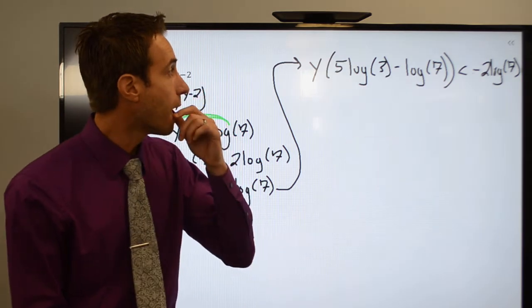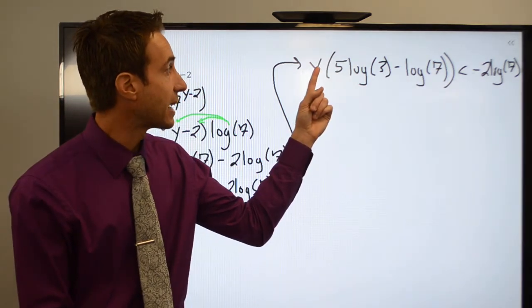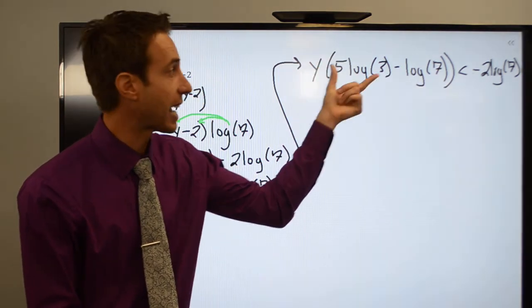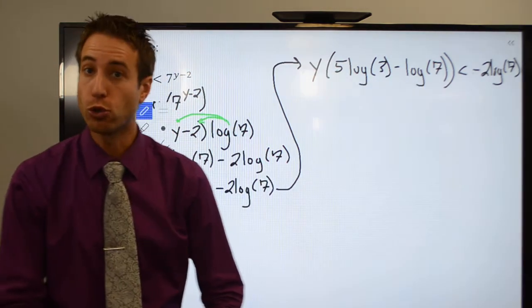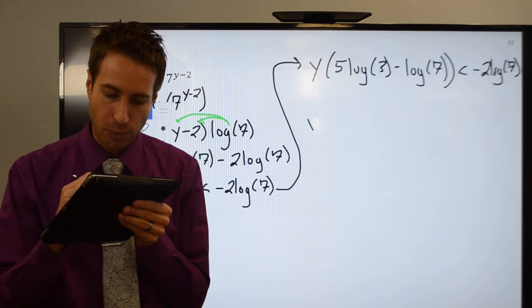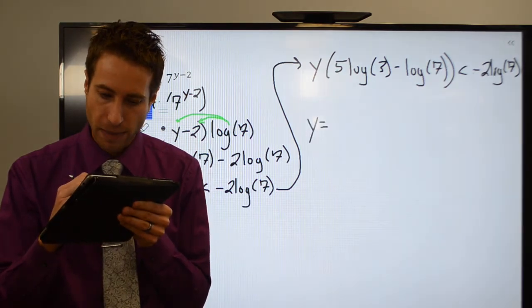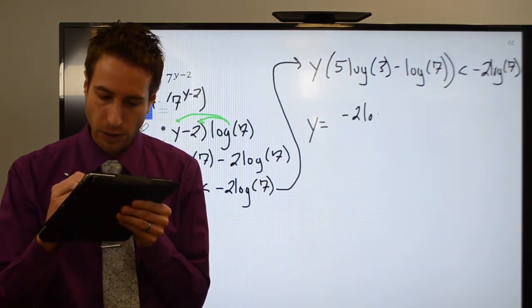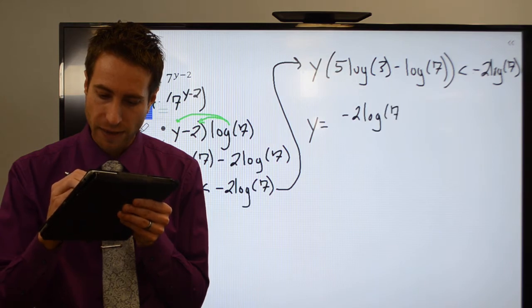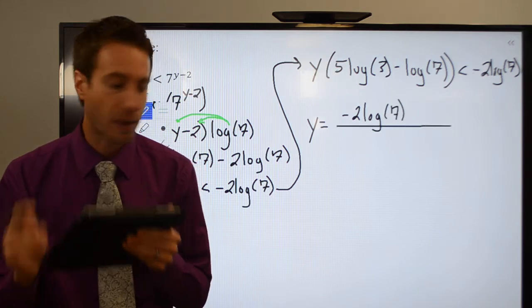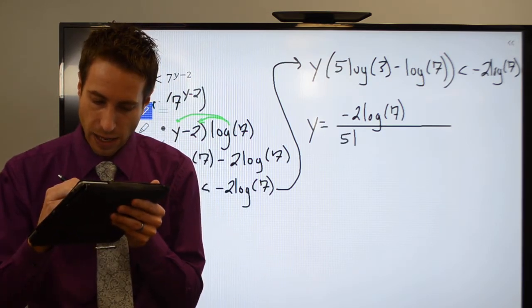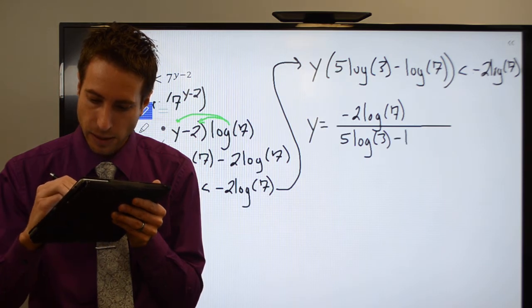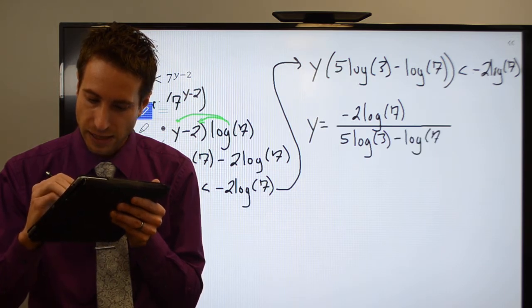Okay, here we go. In order to get this y by itself, since this is multiplication, I'll divide this whole quantity to the other side, and so we wind up with y is less than minus 2 common log of 7 divided by all of this stuff, which is 5 times the common log of 3 minus the common log of 7.